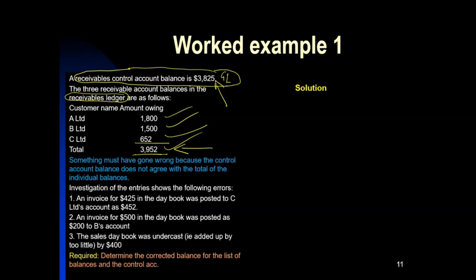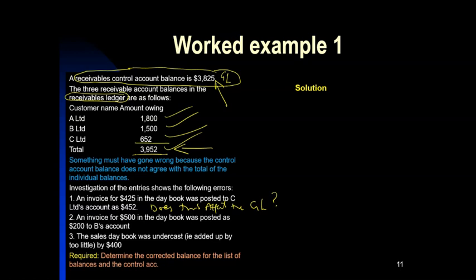Upon investigation of the entries, the following were identified. An invoice for 425 in the day book was posted to C Limited account as 452. Does this error affect the GL? This is where our problem is.